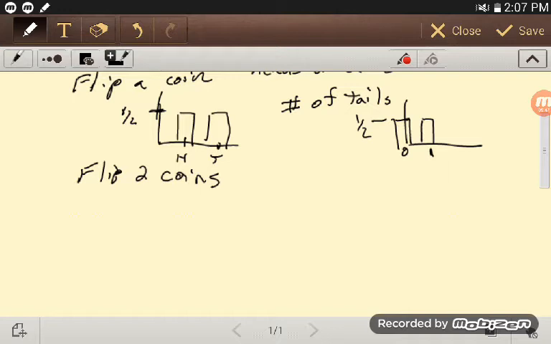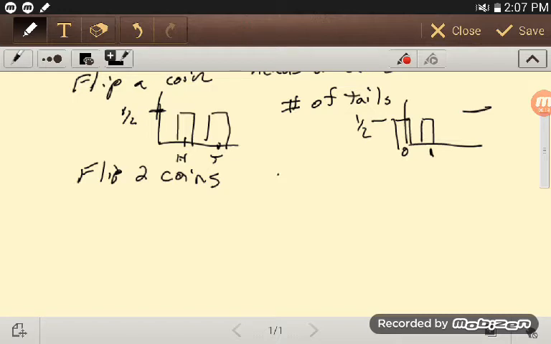Now if I flip 2 coins, number of tails or number of heads, it's symmetric, because however many tails I have, the complement of that is the heads. I went with numbers of tails up here because I had gone heads, tails, so I want to go 0, 1.